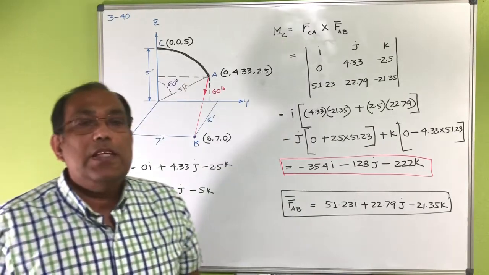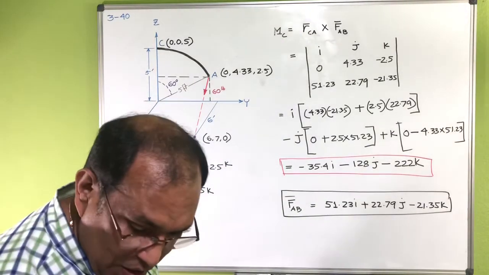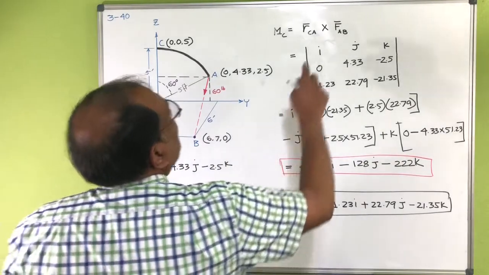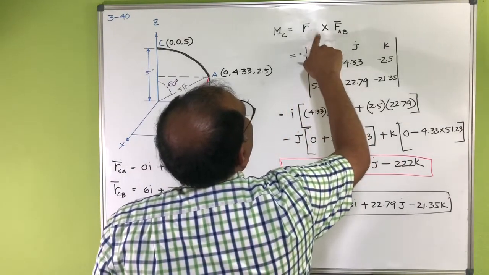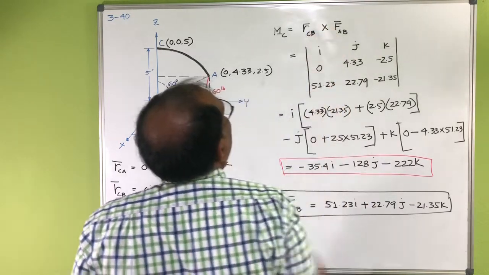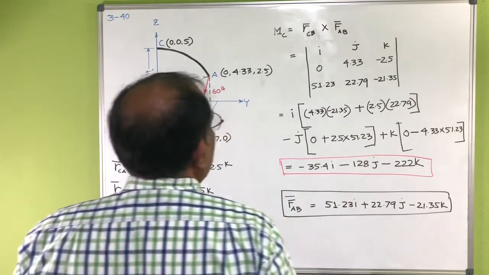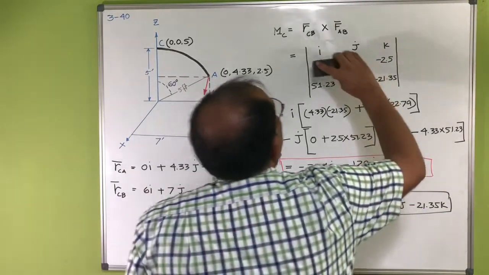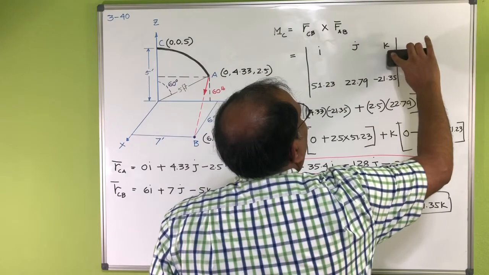Now you can do the same thing, just changing the position vector to CB. So the only thing that will change here is this line here, okay?